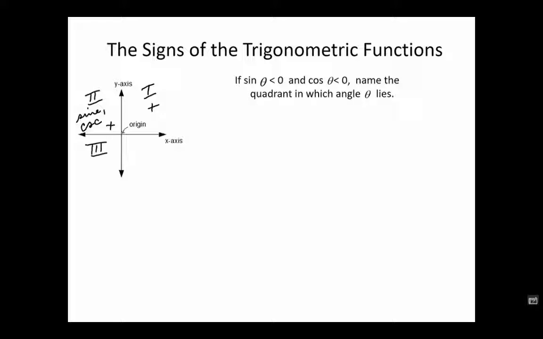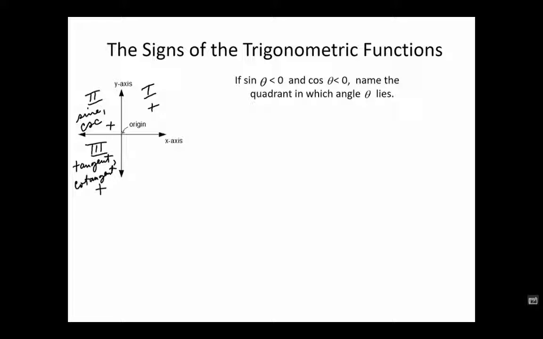Cosine is negative, sine is negative, but the tangent involves the quotient of x and y. So a negative divided by a negative is positive. So the tangent function is positive in quadrant 3, as well as the cotangent function. So these are positive in quadrant 3.